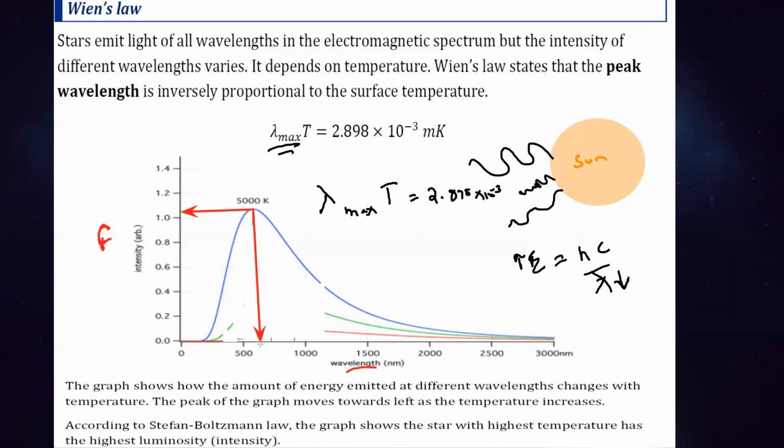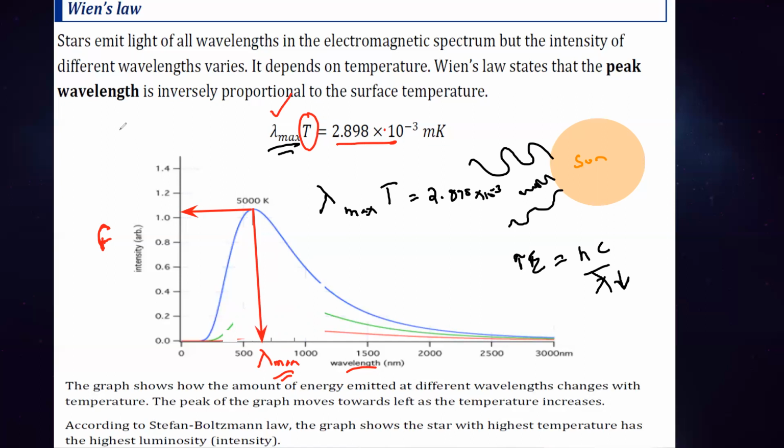Using the maximum flux, we find the wavelength, that is called lambda max. And lambda max multiplied by temperature is always equal to 2.89 times 10 to the power minus 3. So if we know lambda max and this constant is fixed, we can find the temperature of the star.